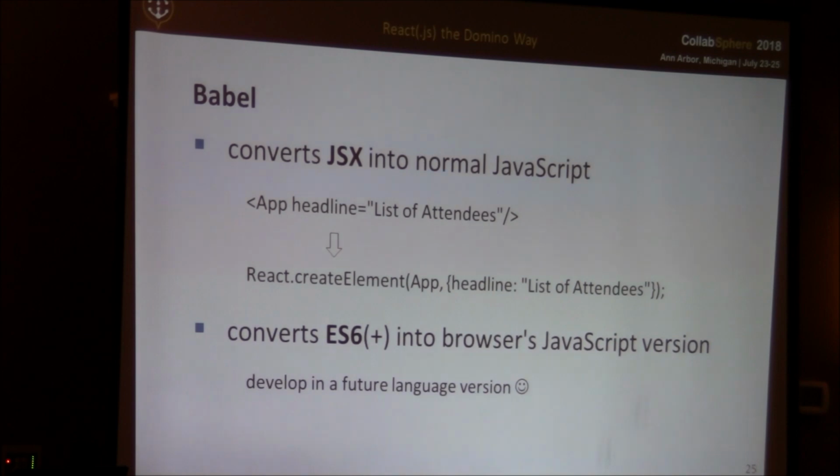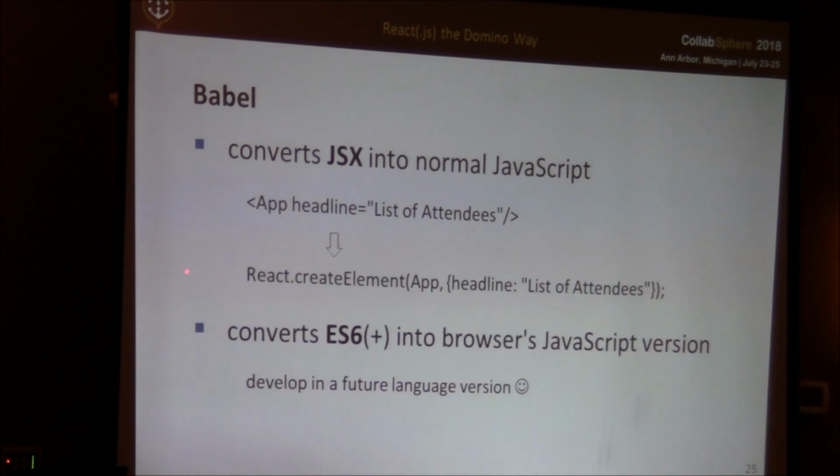But what do you do if your browser isn't able to read JSX and these new versions of JavaScript? For this, Babel comes in and converts JSX into normal JavaScript. Under the hood, this line gets normal JavaScript with an object and so on.